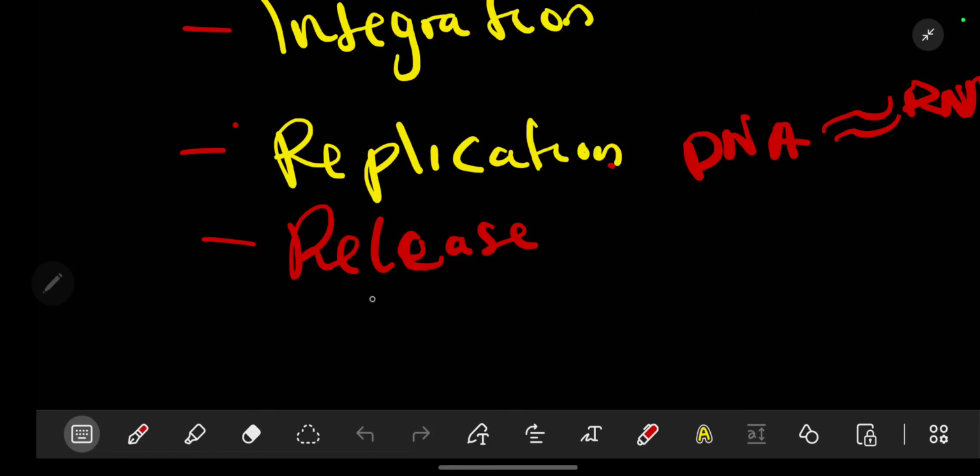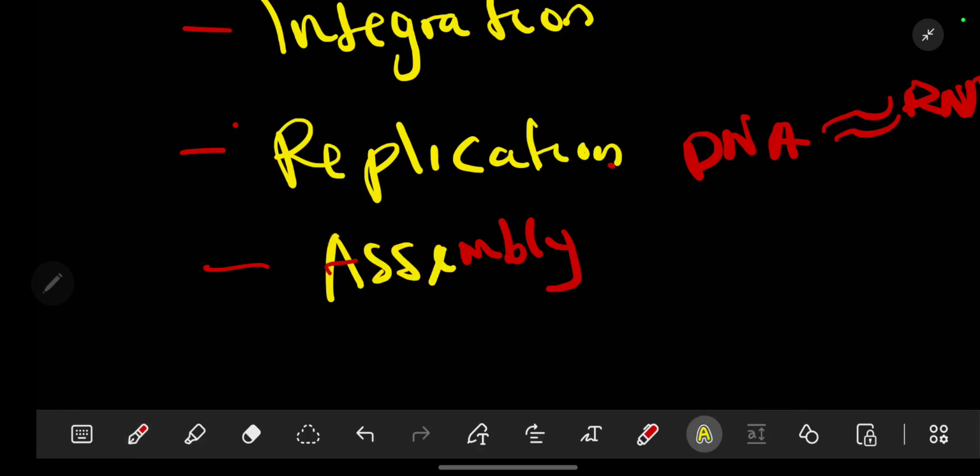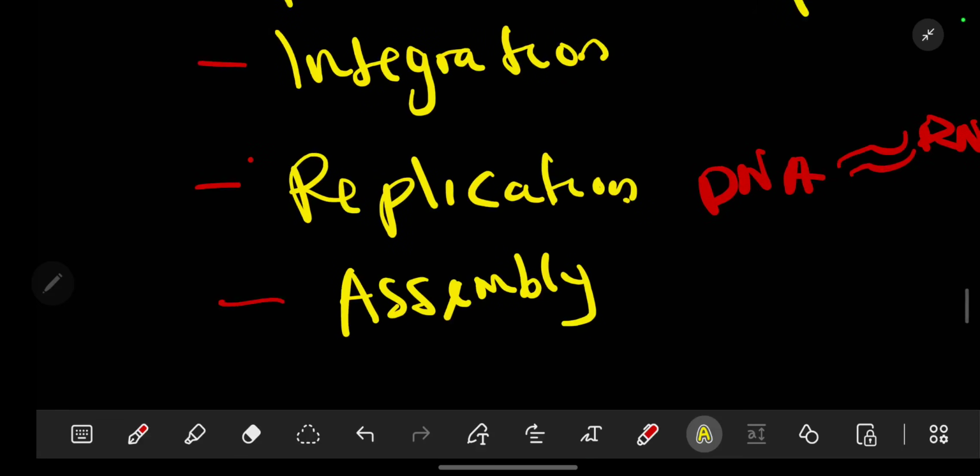As they move to the surface before release, we are going to have what we call assembly, in which the proteins and genetic material come together. Under this process, the material will go to the cell surface, and when it goes to the cell surface, there will be the assembly of proteins as well as the genetic material.